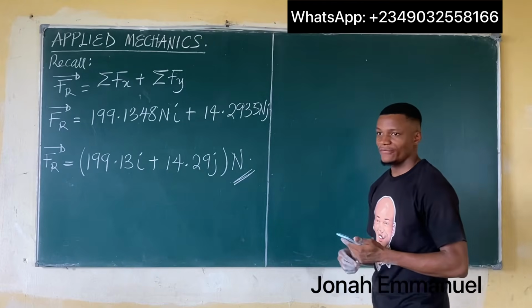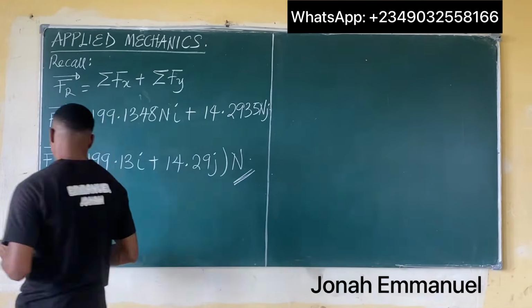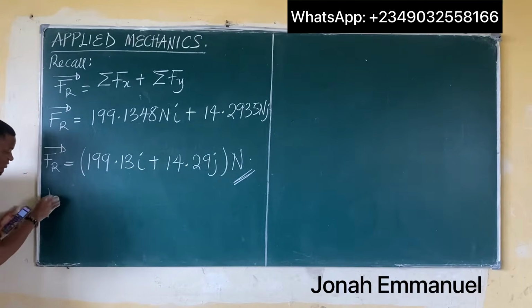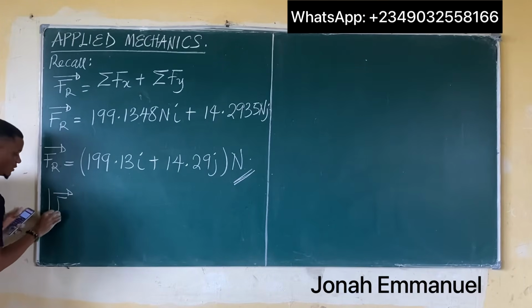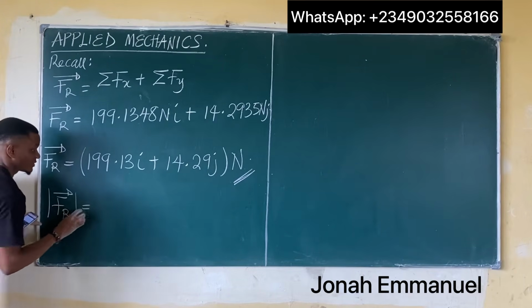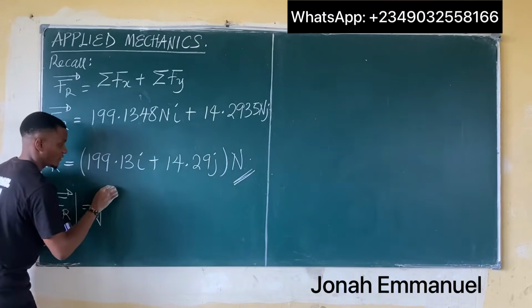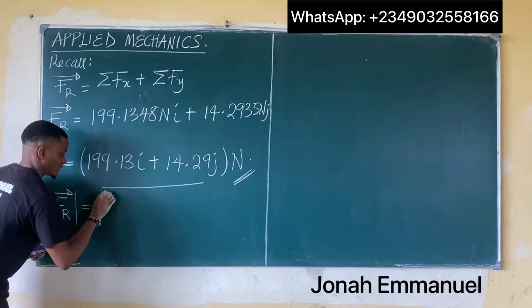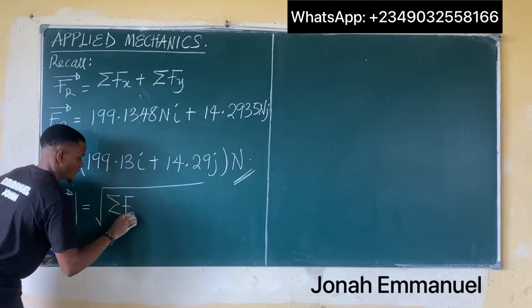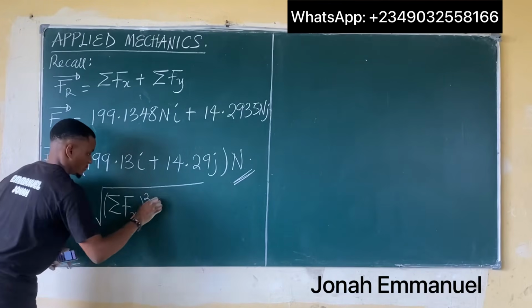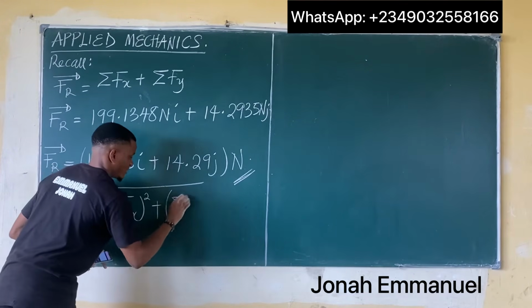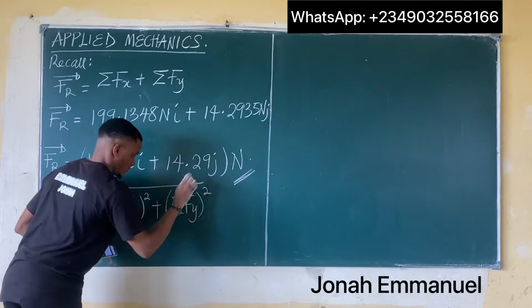Of course, we have to find the magnitude. We said the magnitude of the resultant force Fr is as easy as take the square root of sigma Fx all squared plus sigma Fy all squared.